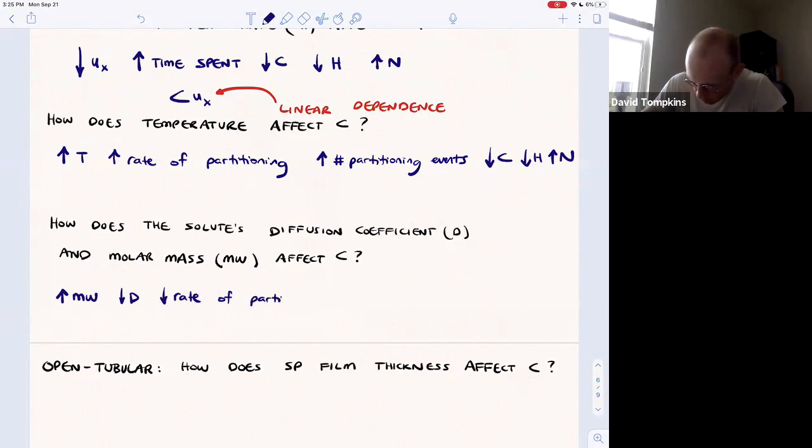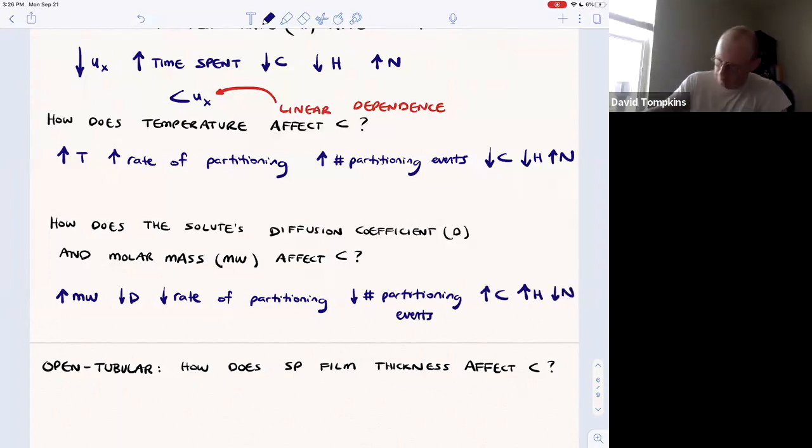It's harder for the compound to go between the mobile and stationary phases. So that will decrease the number of partitioning events, or there's more resistance to partitioning here. C goes up, which increases the plate height and decreases the number of plates.